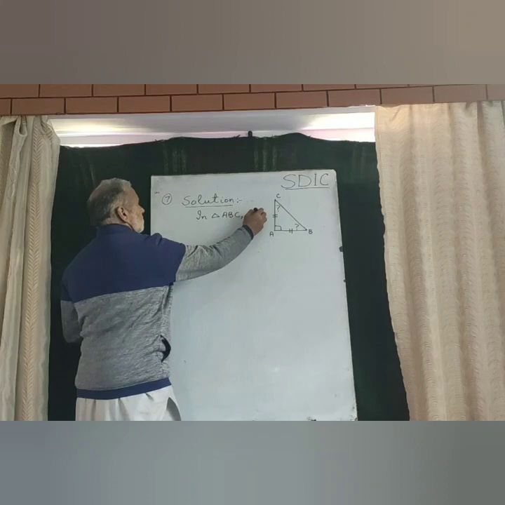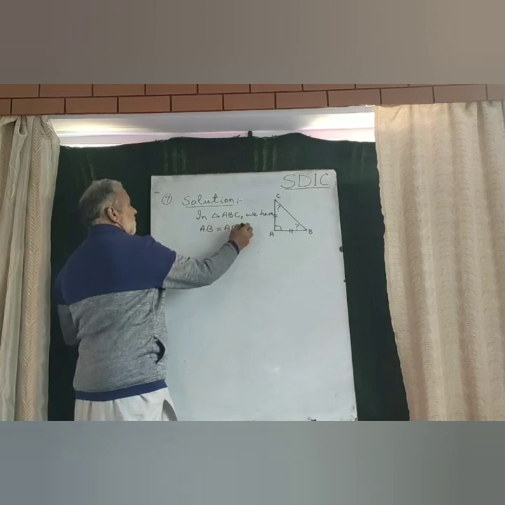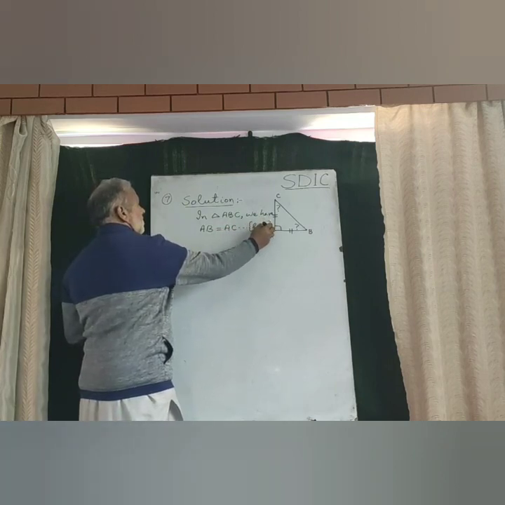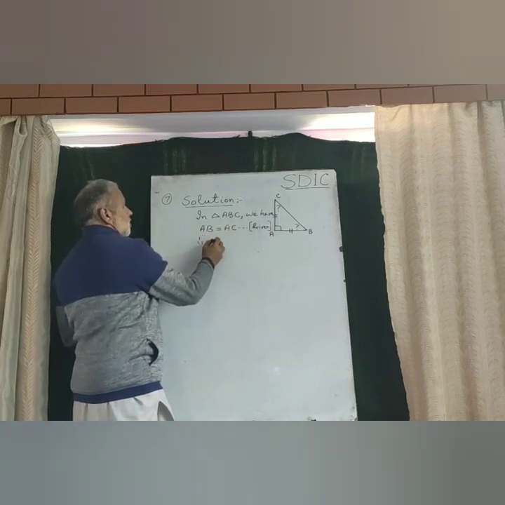We have AB is equal to AC. This information is given to us, so we'll write given in the bracket. And the result therefore will be their opposite angles are equal.